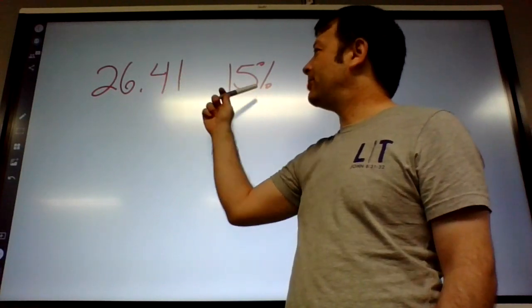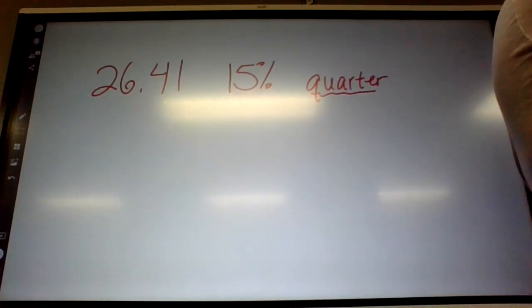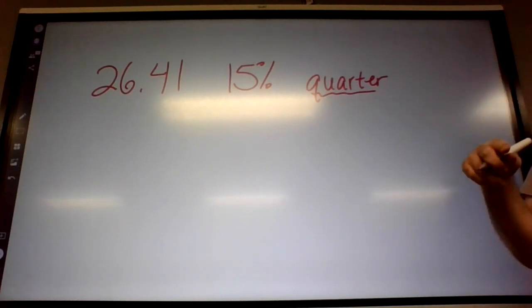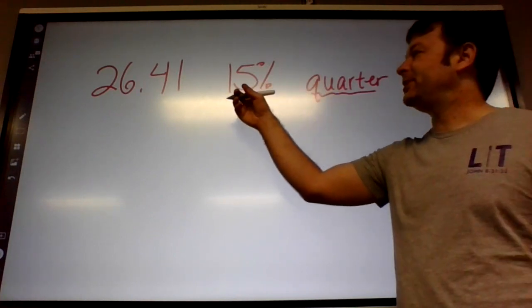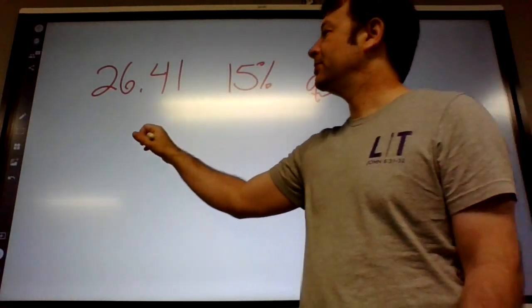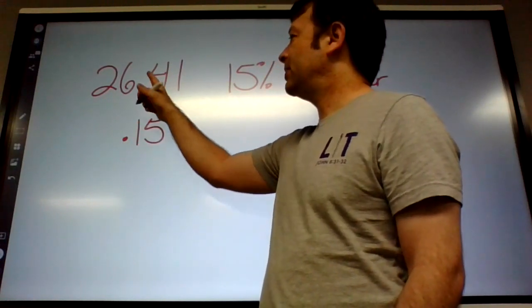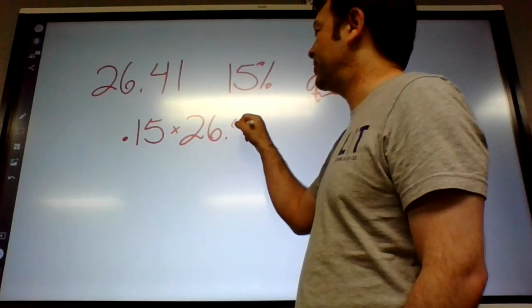Oh yeah. So how do I figure out what the 15% tip on that's going to be? Here's a hint. We want to figure out what 15% of $26.41 is. So multiply. What's 15% actually worth? 0.15 of $26.41.